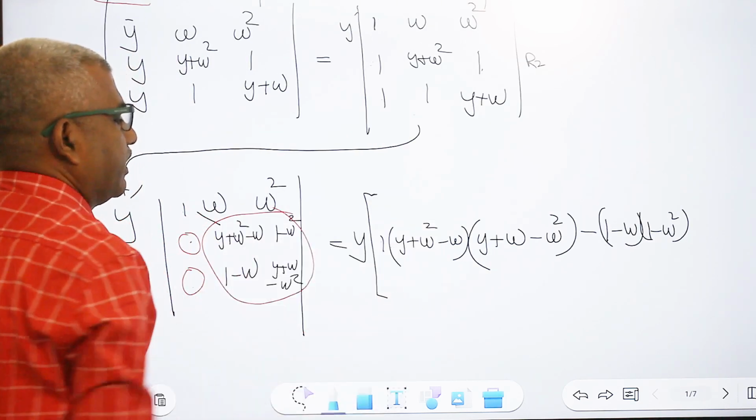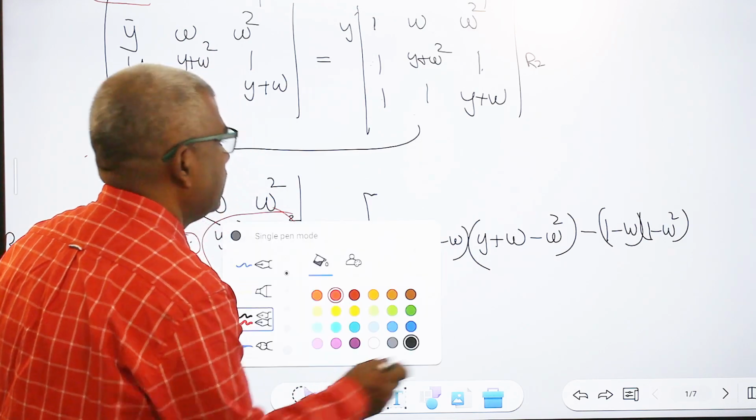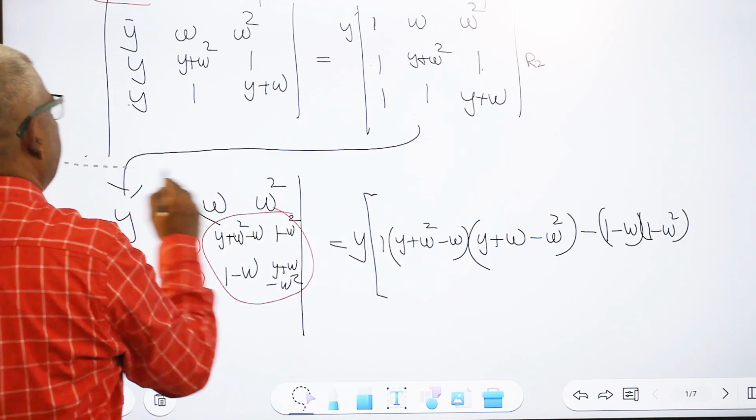Okay, next step we will write it out. Y equal to, now I am expanding. I will erase this area.